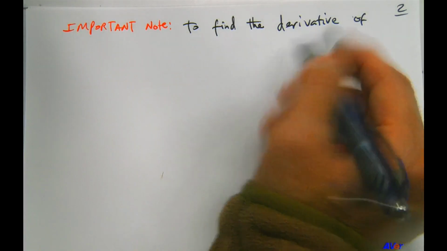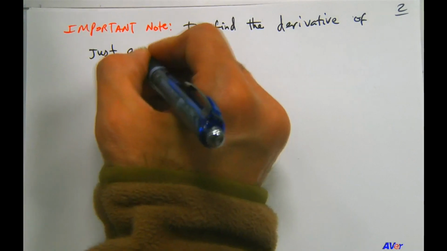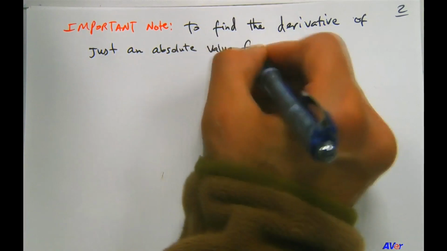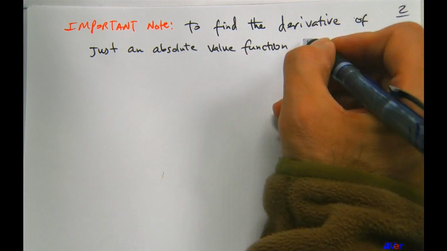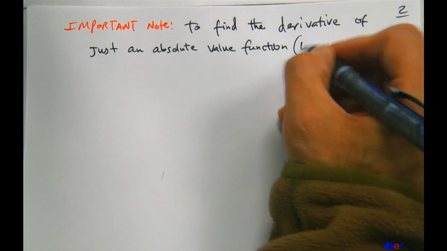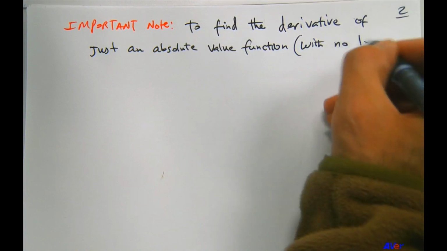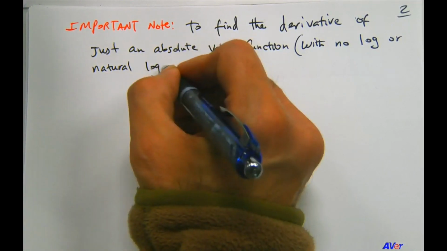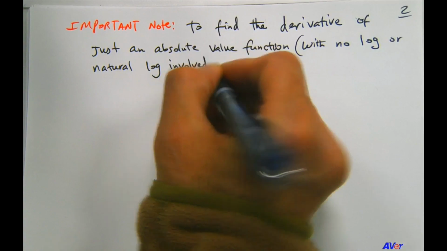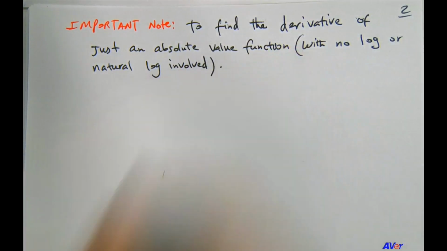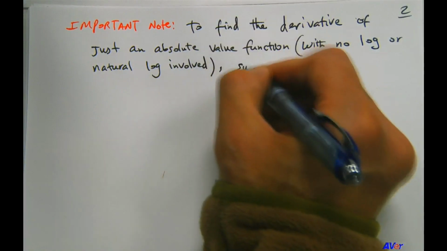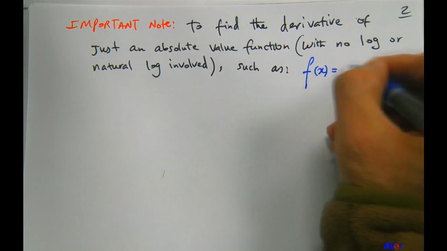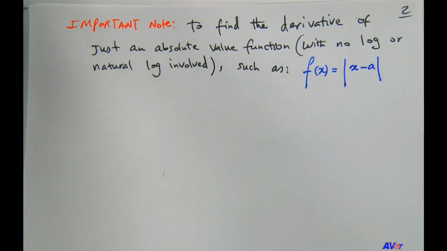So to find the derivative of just an absolute value function, and let me say in parentheses, with no log or natural log involved, without any log or natural log, such as this, f of x equals absolute value of x minus a.